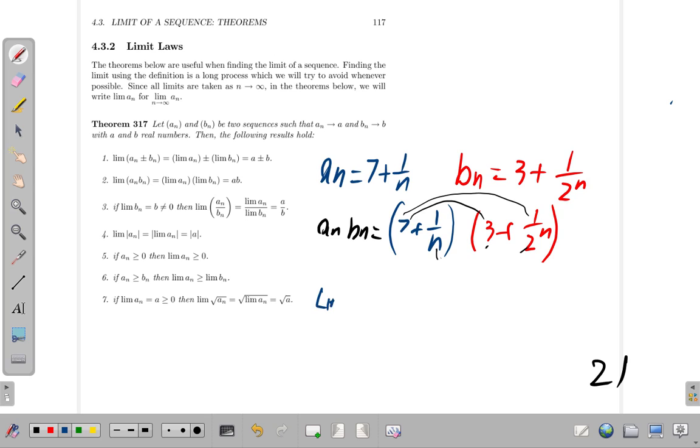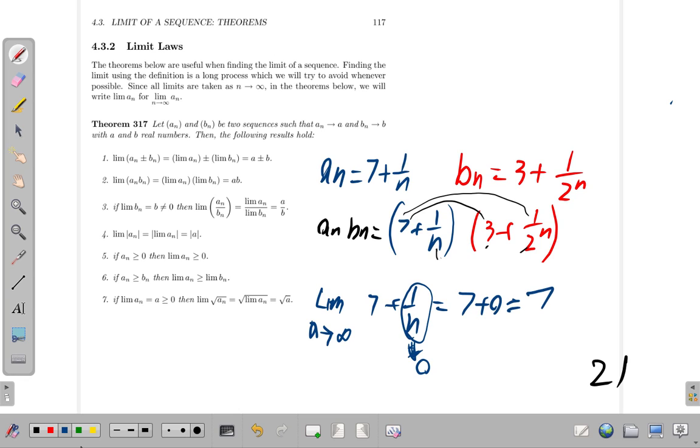Now, the limit as n tends to infinity of 7 plus 1 over n equals, we know that as n becomes bigger and bigger, you have 7 plus 1 over a very large number. This part would tend to 0. So it's 7.